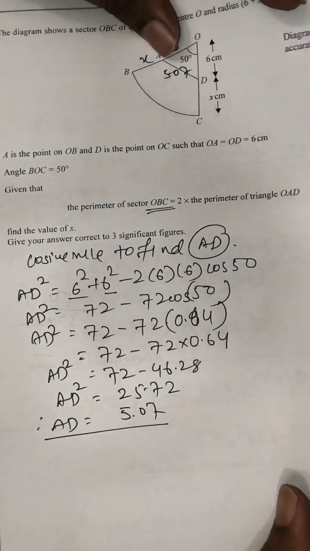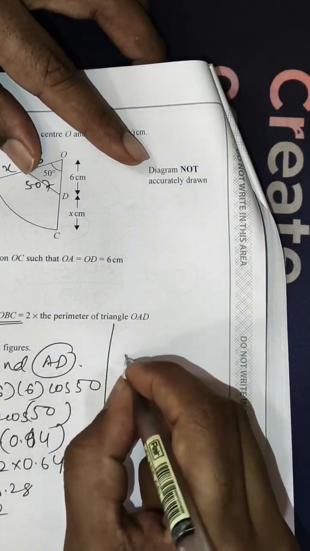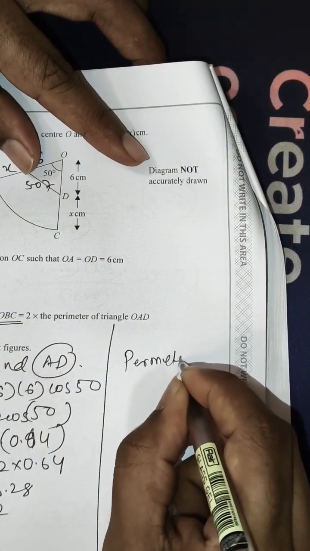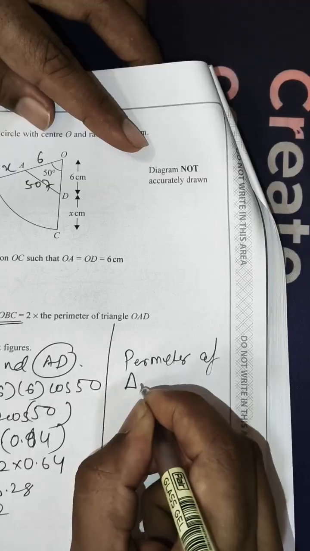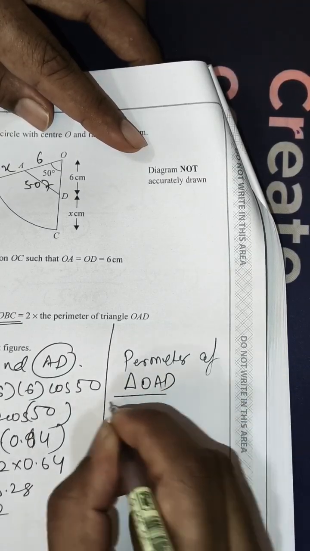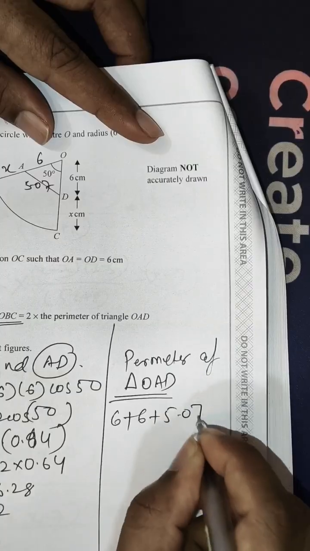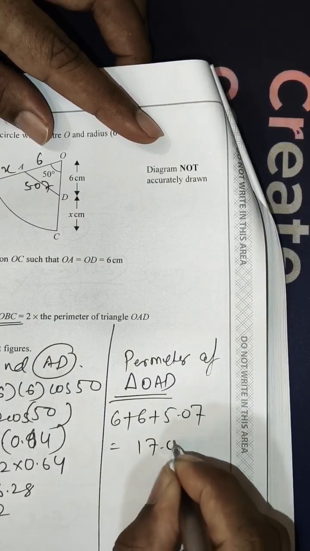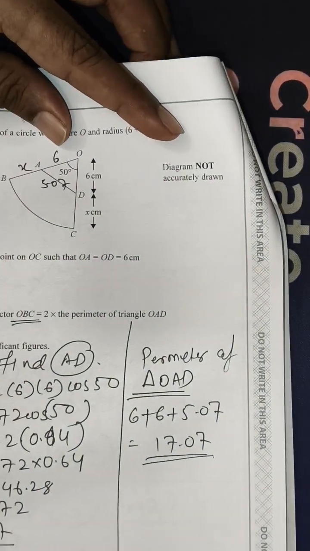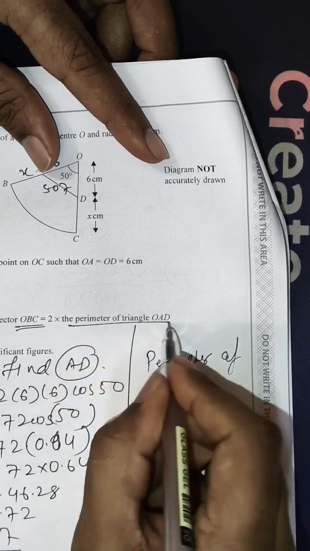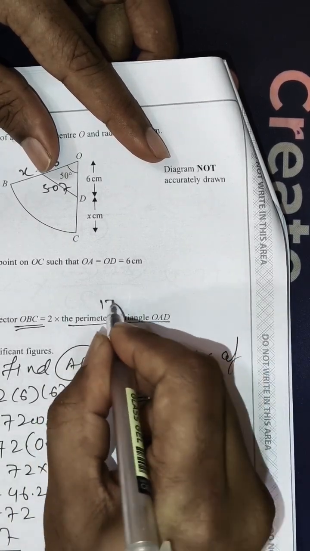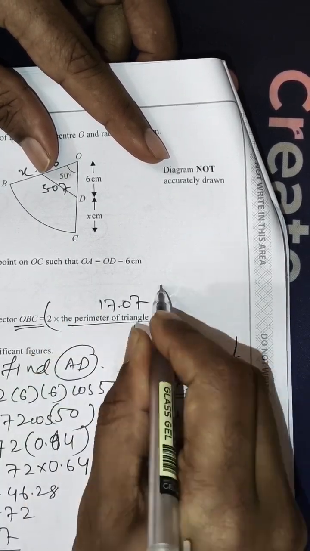Correct? So what is the perimeter of the triangle? The perimeter of triangle OAD is equal to 6 plus 6 plus 5.07, which is 17.07. Correct? So the perimeter of triangle OAD we found out, which is 17.07.